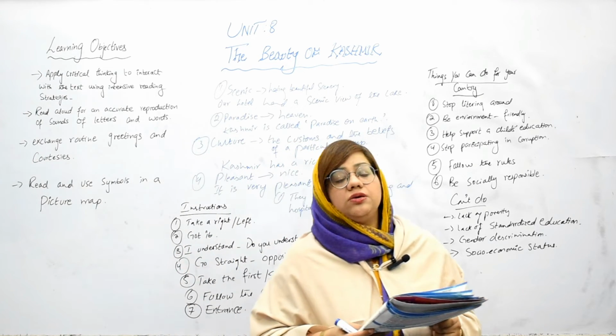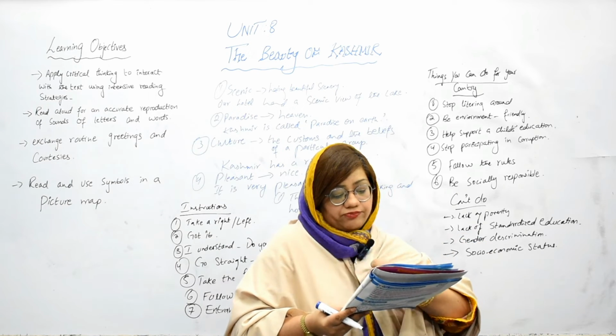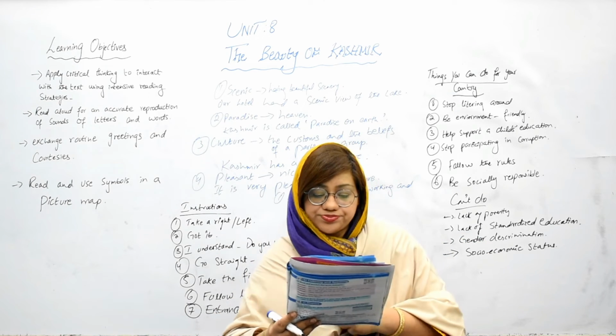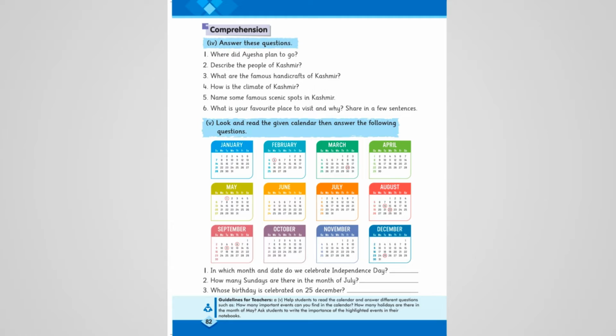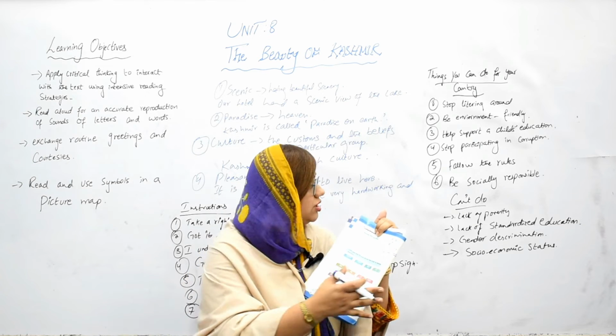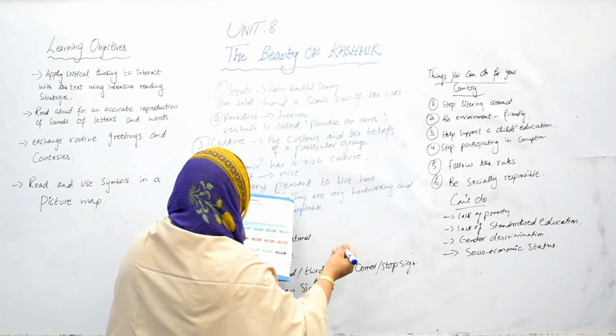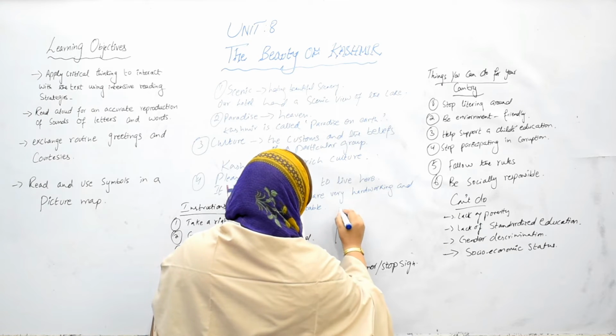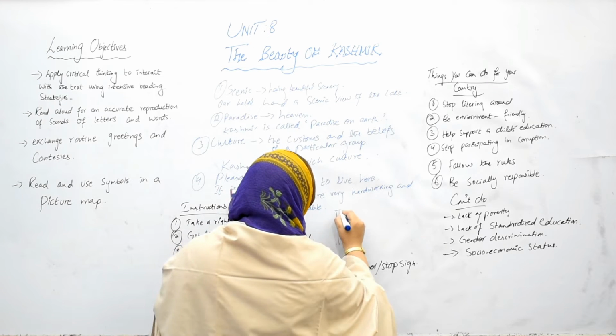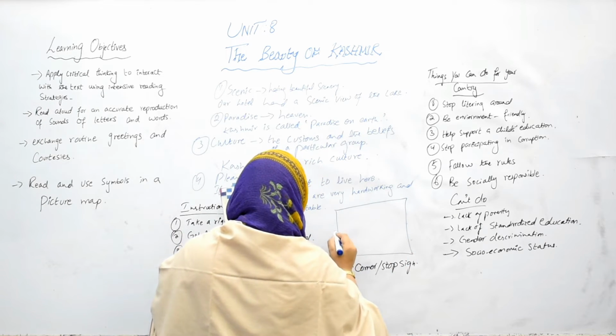Let's move to another important part, that is exercise 5 on page number 82. You can see there are calendar pictures mentioned here, depicting how we interpret these calendars. Do you know how to read a calendar? I'm making one calendar here, for example, for your help.